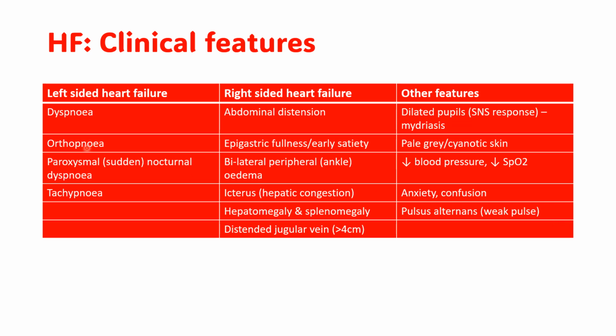Orthopnea, which is quite a late sign, is immediate shortness of breath on lying down, which is improved pretty quickly by the patient sitting back up. The reason is that when the patient sits back up, the fluid moves due to gravity down to the lower areas of the lungs, particularly the costophrenic angles.